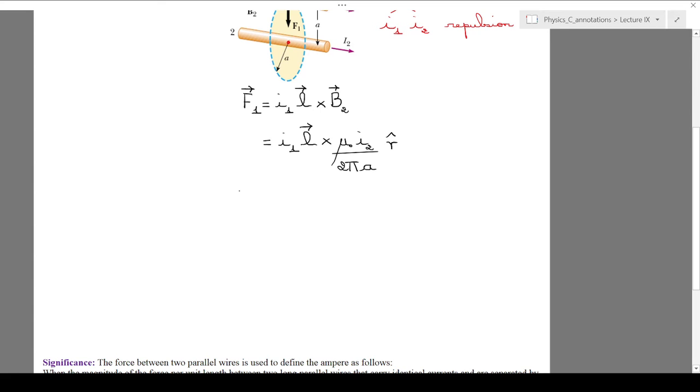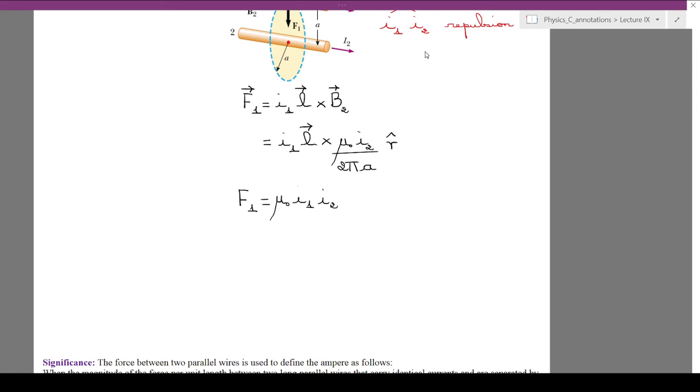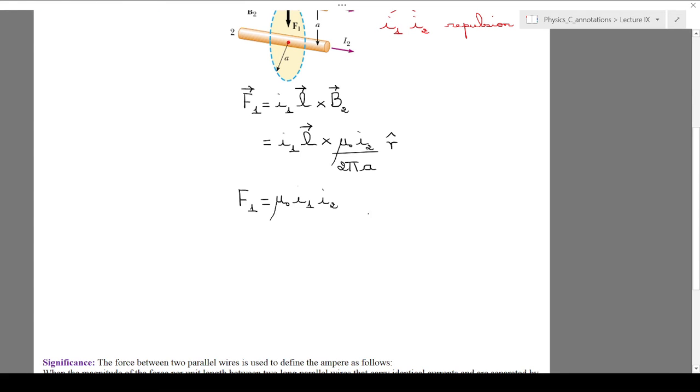So the magnitude of this force F1 is going to be the product of these two currents, I1 I2 over 2 pi a, times the length L of this wire.